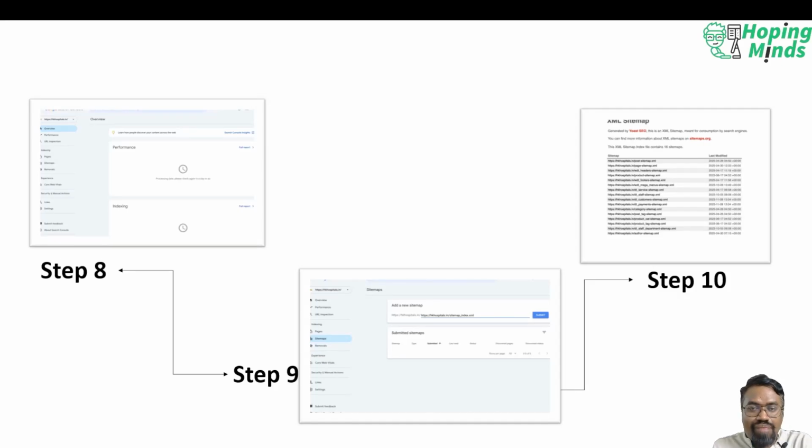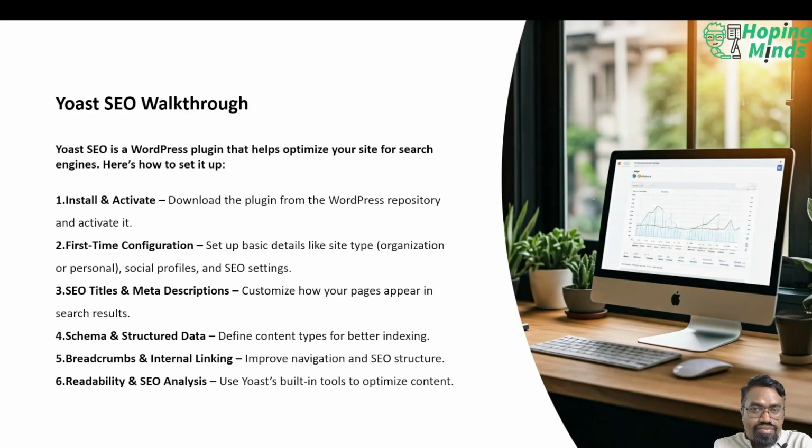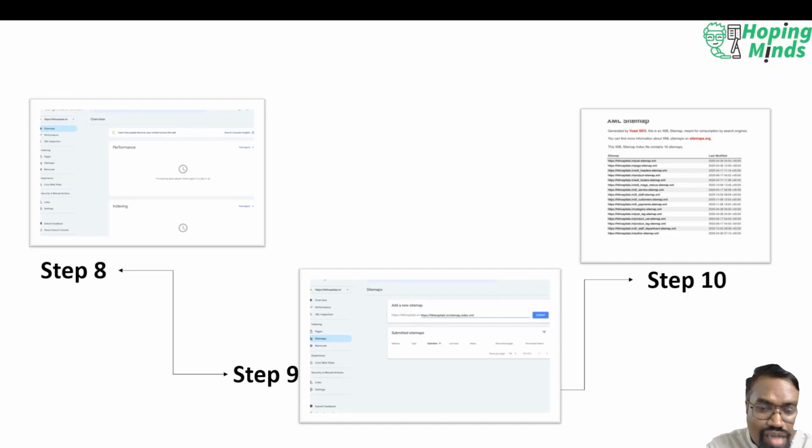Once the sitemap has been submitted, in step 9, we'll get all the sitemaps created, and then we can generate these sitemaps. So I'll try to showcase that in real time.